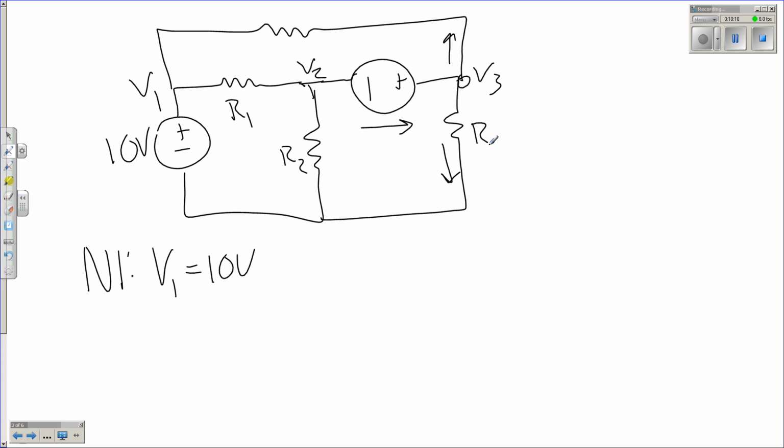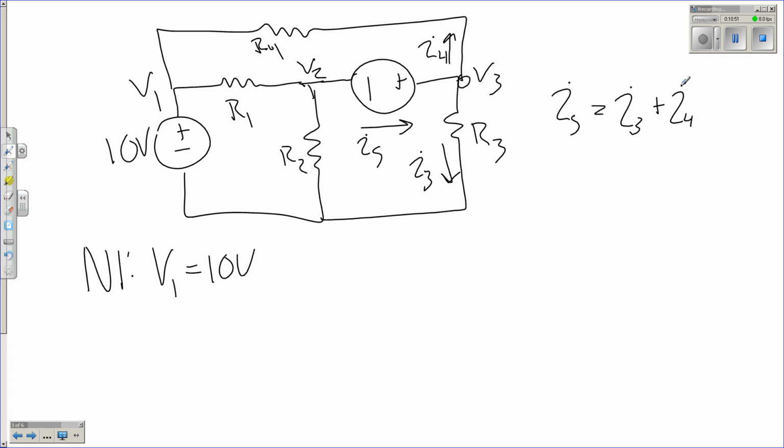If, say, this is our R3, and this is our R4, this can be I4, and this can be I3. We'll call this one just IS, current for the source. So let's put down our law equation. IS equals I3 plus I4.